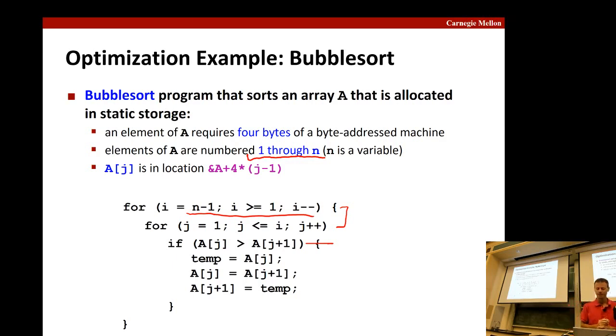What that means is that the address for A sub j is computed from the starting address of A, assuming the elements are 4 bytes, but you have to subtract 1 off from the j. You take this array that's from 1 to n, and for C allocation purposes, we actually shift it over to 0 to n minus 1. And this is just a swap: if they're in the wrong order in terms of largest to smallest, you just swap them.